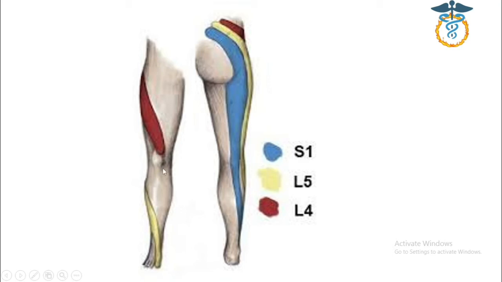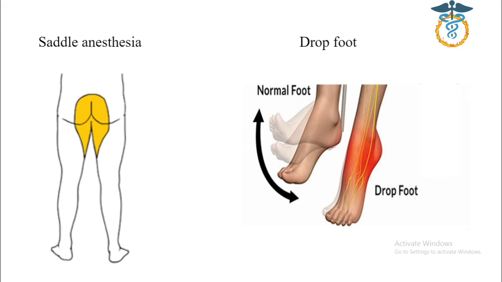position of the foreleg. There are some alarm signs that need emergent attention because the patient will lose the function of those nerves in a matter of days. One of them is saddle anesthesia, which means insensation in this yellow colored area.